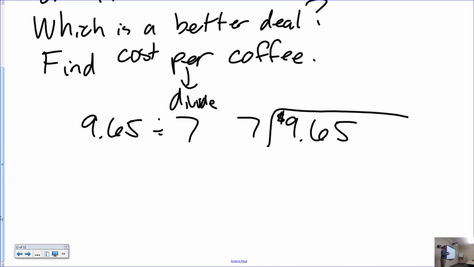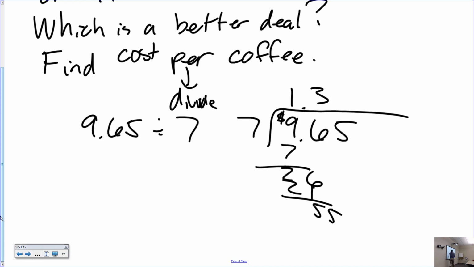We don't need to fix anything. How many times does 7 go into 9? 1. How many times does 7 go into 26? How many times does 7 go into 55? 7. 49.